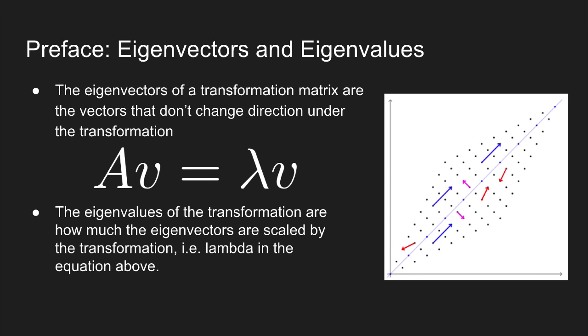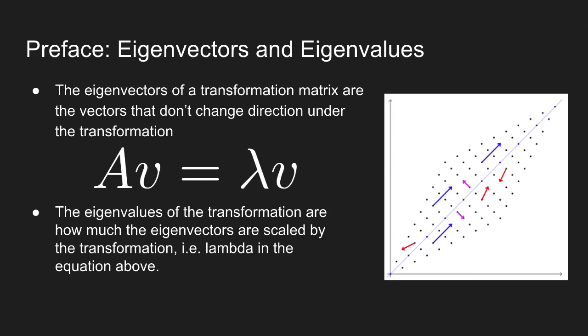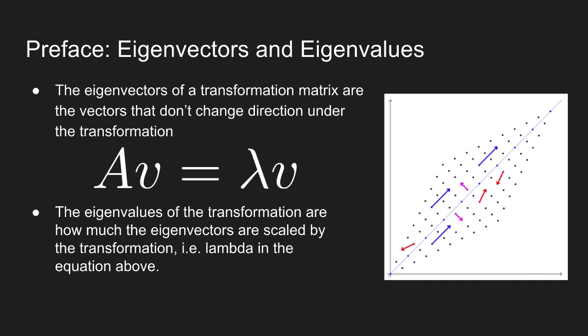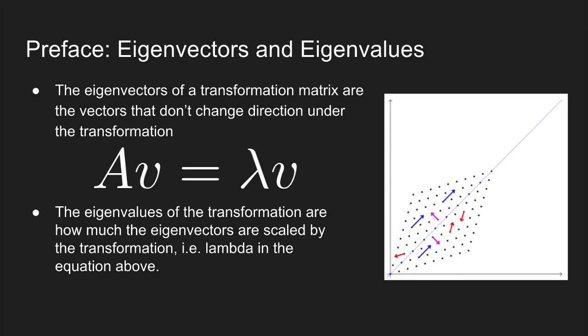You can see this blue vector and this pink vector. In both the original form and after the transformation, they're still pointing in the same direction, but they've just been scaled by a factor of lambda, which is called the eigenvalue of the transformation. So each eigenvector has a corresponding eigenvalue.